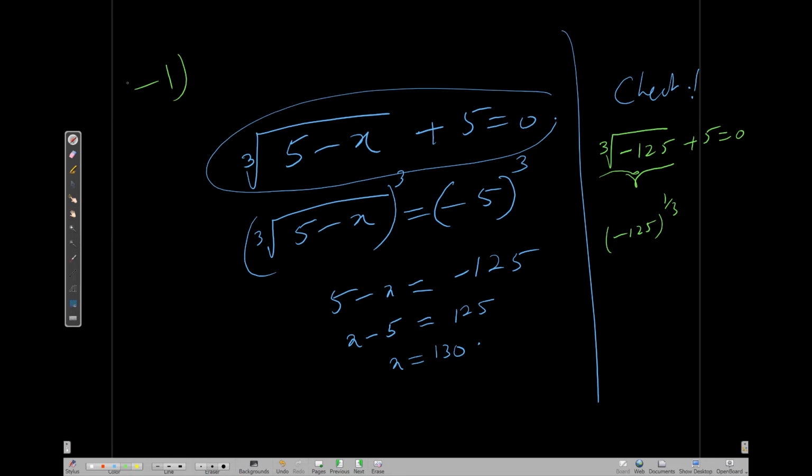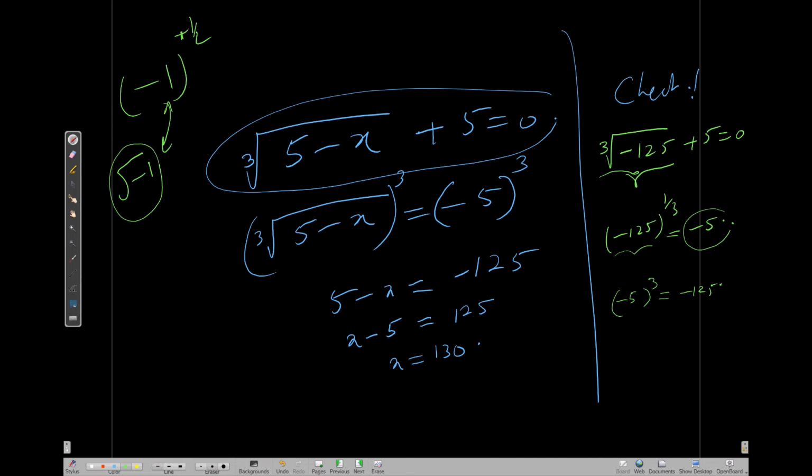For example, negative 1 to the 1/2, or the square root of negative 1. These do not exist. These bring complex numbers. But this one actually exists. This is negative 5, because we are looking for a value that when cubed gives negative 125. That is negative 5, right? So that one is negative 5. Plus 5, it's 0. And yes, that's correct. So this answer is valid.